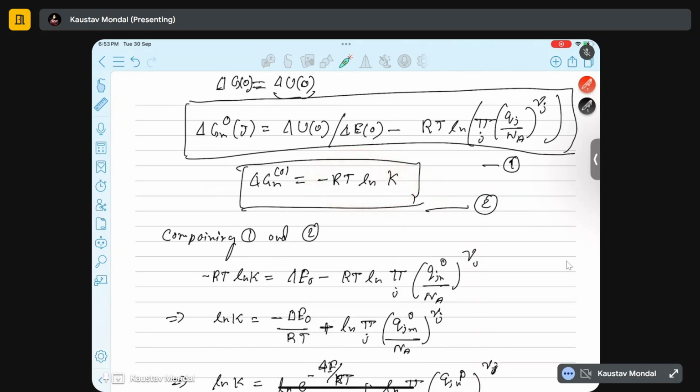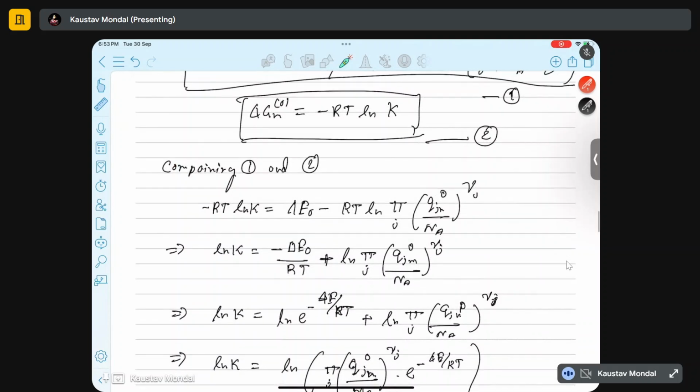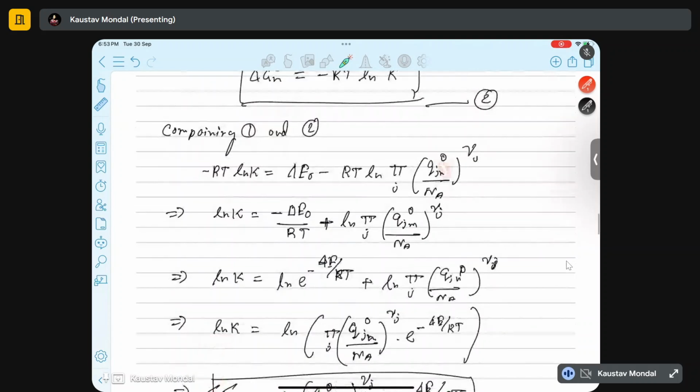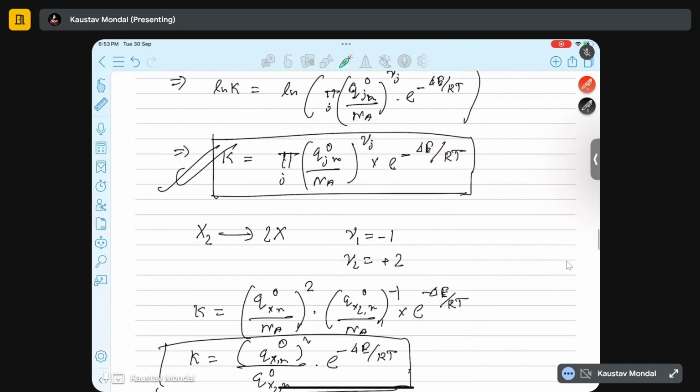So we simply compared these two terms in order to get the value of K in terms of the partition function Q. At the end we got a relation where K is related with the partition function, along with other terms like the stoichiometric coefficients and the change in energy during the reaction.